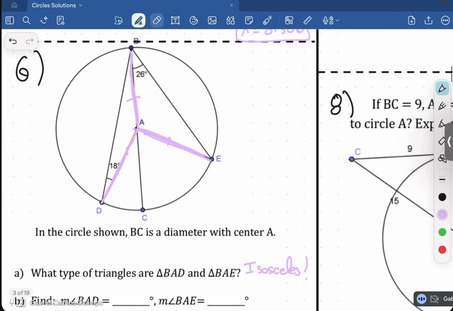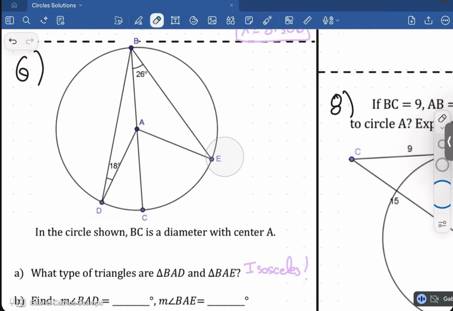Okay, so if these triangles are isosceles, what can we say? The measurement of this small angle in here is 18 because it is isosceles, and the measurement of this little angle in here is 26. So how can I find, for example, angle BAD?